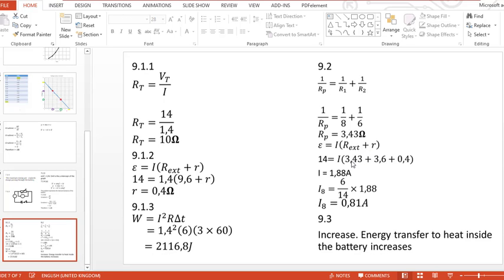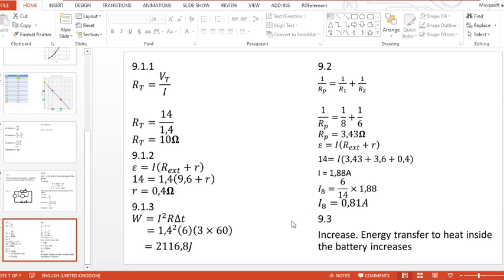Now the total resistance of the circuit is what we substitute here. This is a parallel section, and then this is a 3.6 ohm, and then this is the internal resistance. When we evaluate that with a calculator, we get the total current to be 1.88 amperes. As it's expected to be greater than 1.4, and that is what we have.